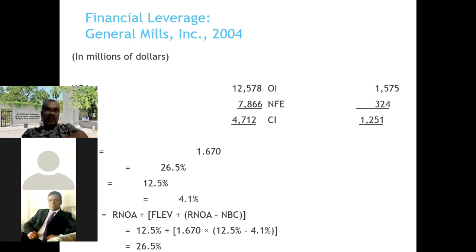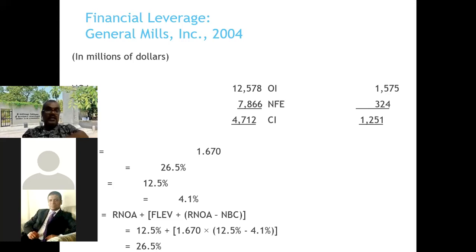Yes, sir, we have to get the net operating assets, and that should be divided by CSE. Okay. You see now a relatively high multiplier is there.